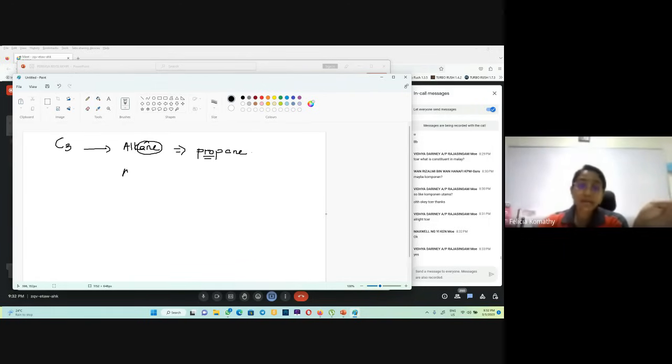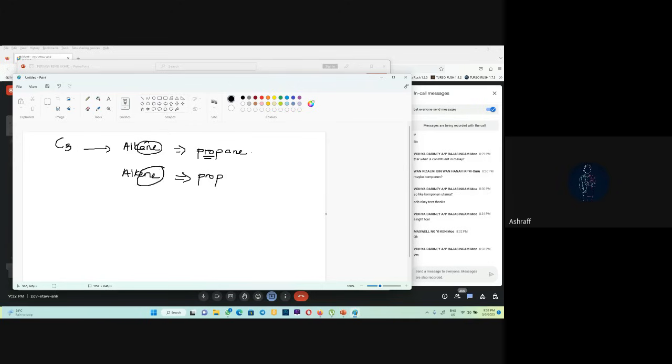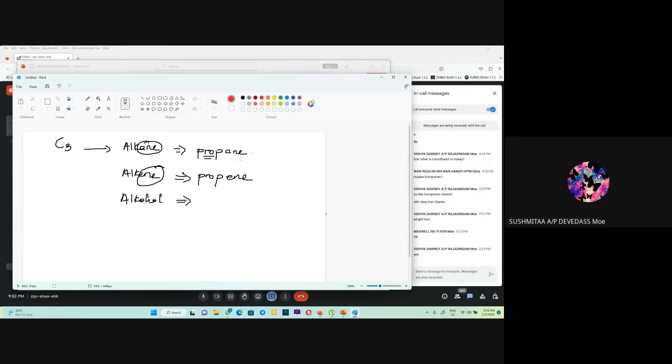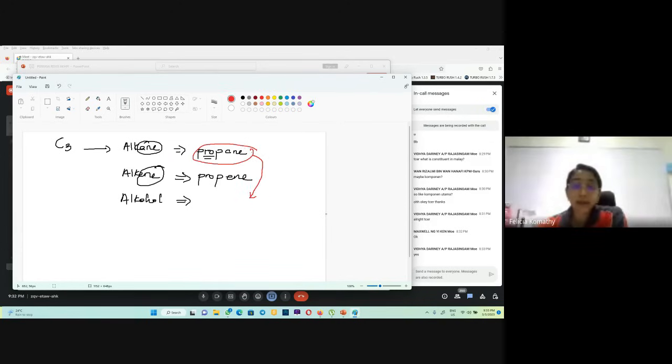If it's alkene, again it will be prop, correct? And it will be E-N-E, propene. But if it's alcohol, how do you spell it? The name will be? Propanol. Yeah, propanol. You have to take from alkane. Remember, take out the E, then you get propanol.